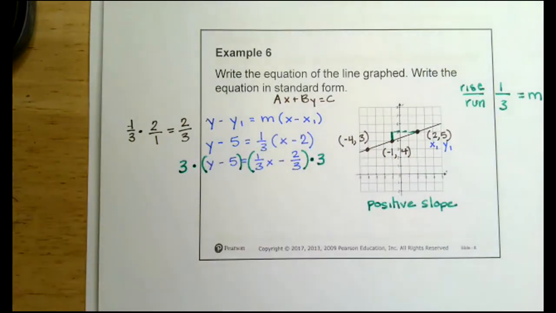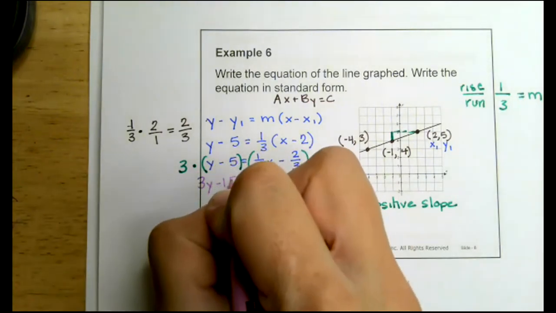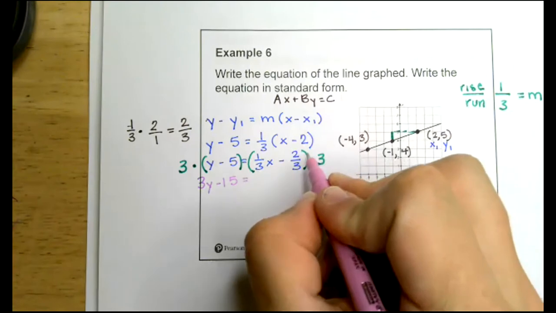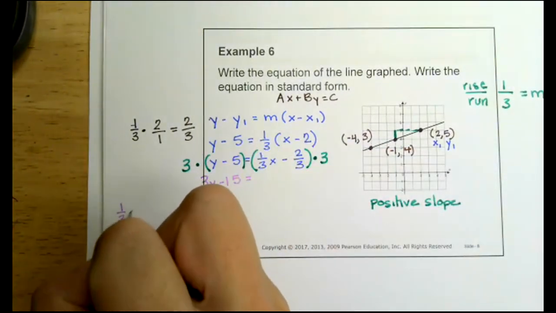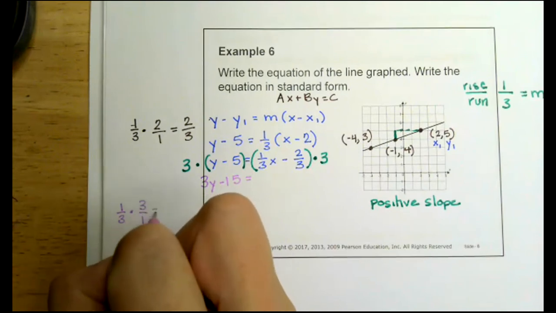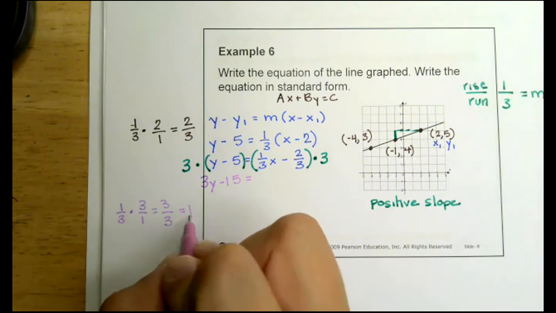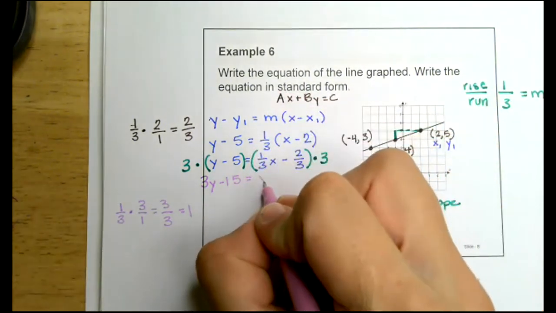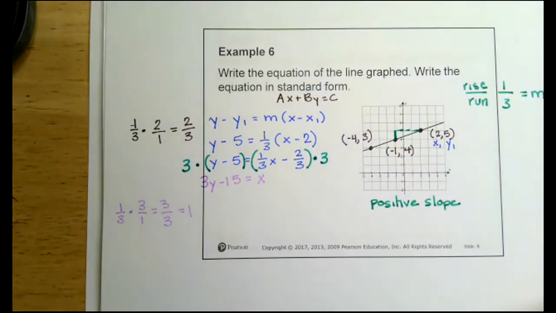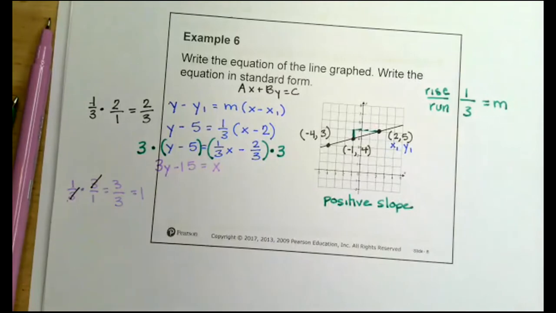Now, everything got multiplied by 3, so now I have 3y minus 15 equals, these cancel, right? 1/3 times 3 over 1 becomes 3 over 3, which becomes 1. So we can just say those cancel. So now we just have x, the 3 on the top and the 3 on the bottom canceled.